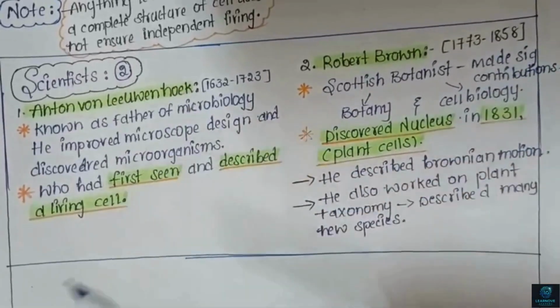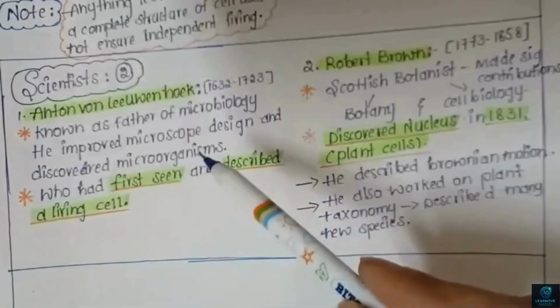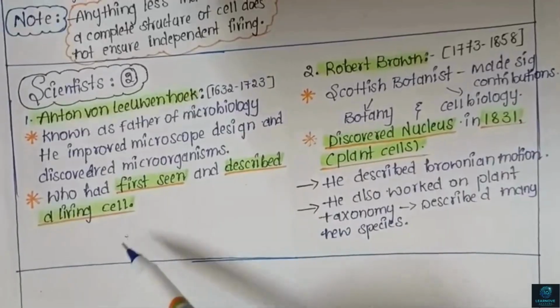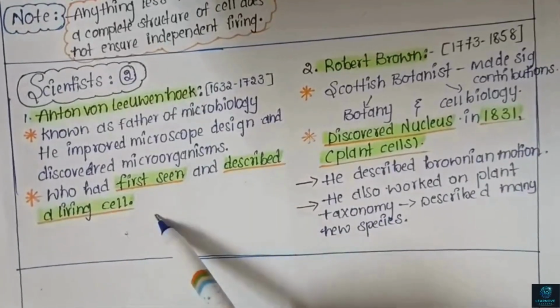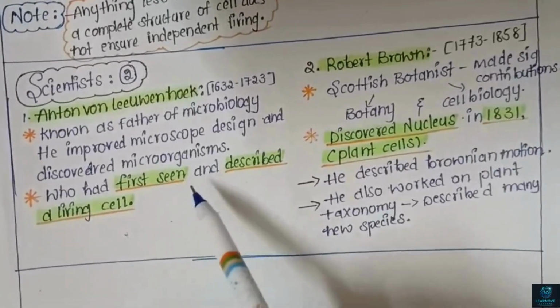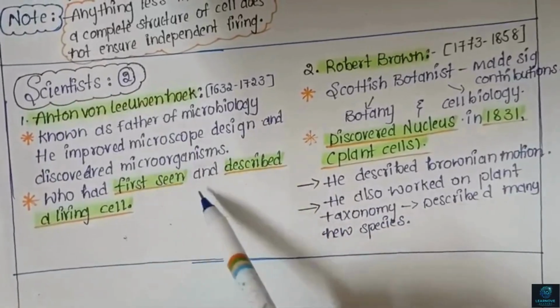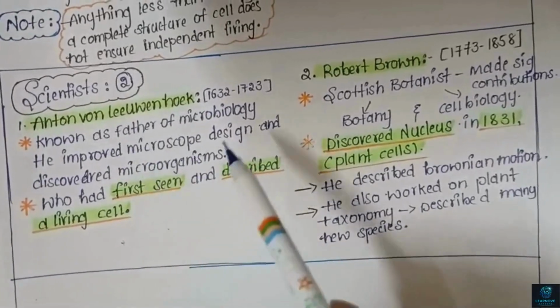He observed the living cell using his handcrafted microscope in the 1670s. He also described many microorganisms like bacteria, Streptococcus and Staphylococcus species, which are arranged in grape-like clusters and chains; in protozoa, RBCs, sperm cells, etc.